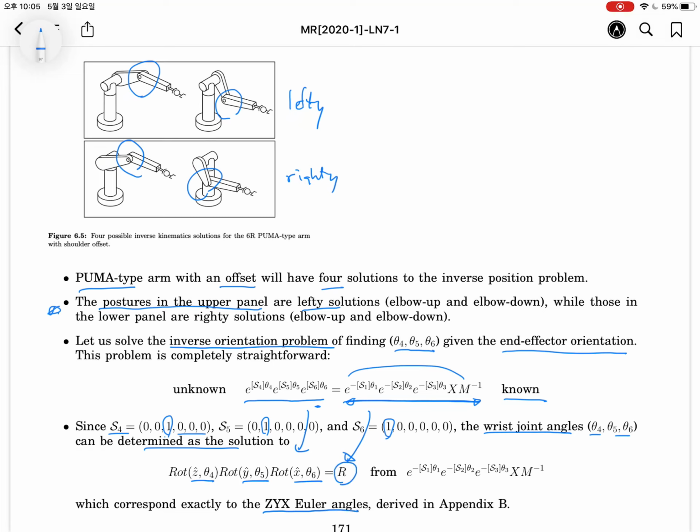So we can extract the ZYX Euler angle from the rotation matrix R. This procedure is suggested in appendix B in your textbook. It's not difficult. If you read appendix B, maybe you can understand how to extract the ZYX Euler angle.